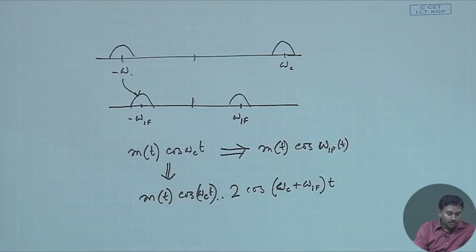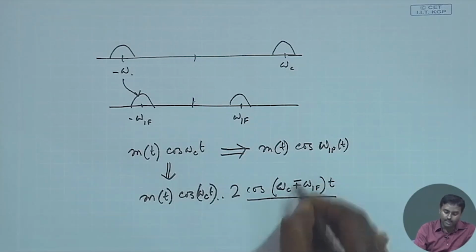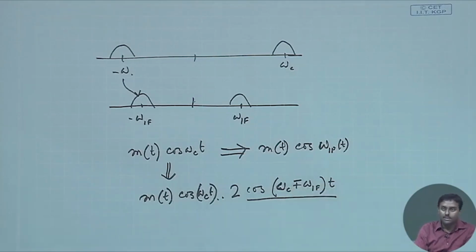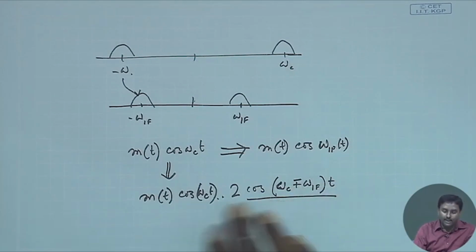So, I have to locally generate a particular sinusoid which is centered at omega c plus omega if, or I can do it even at minus, both will give me the same result. So, I just have to multiply it.